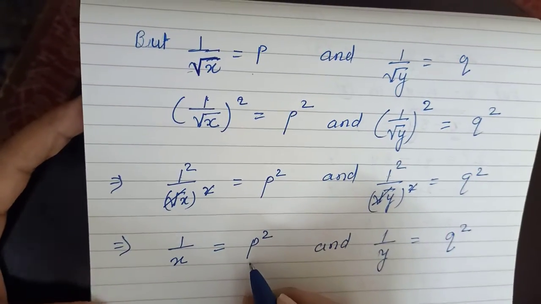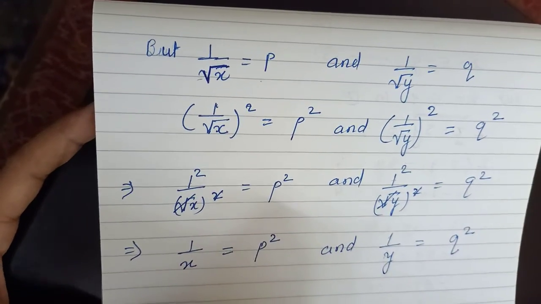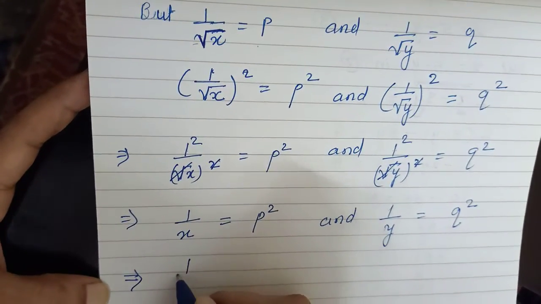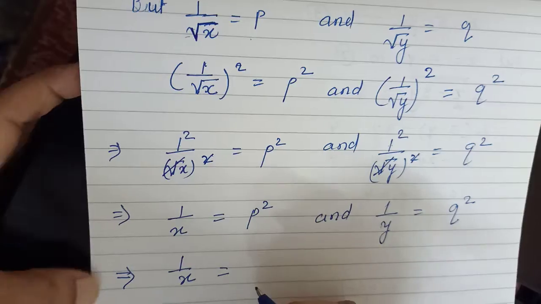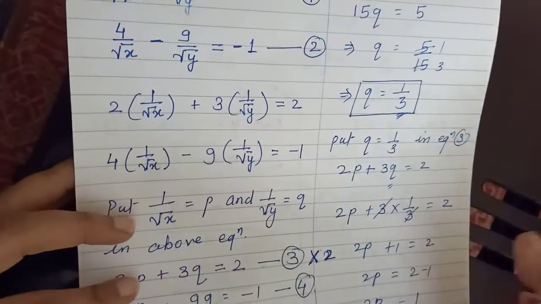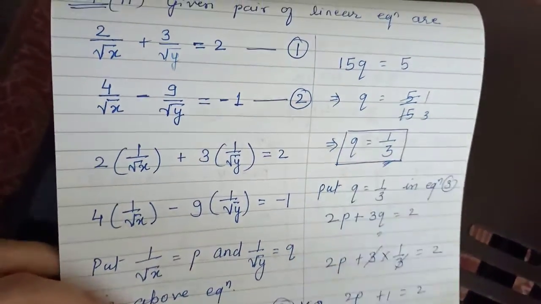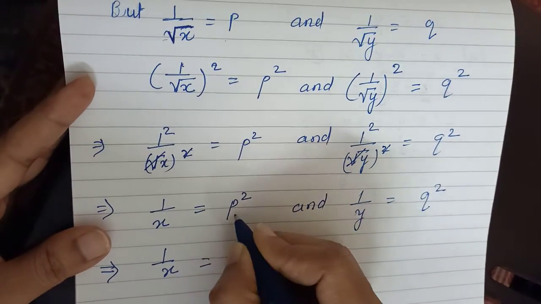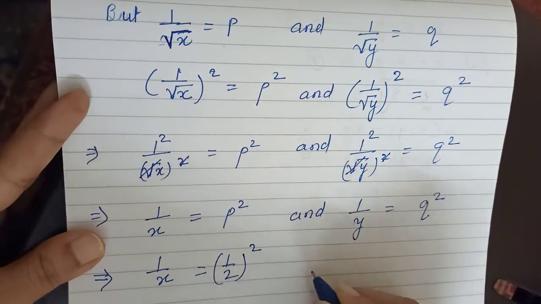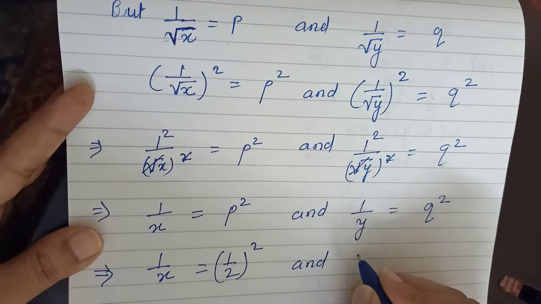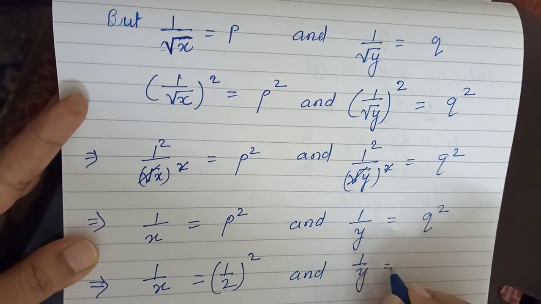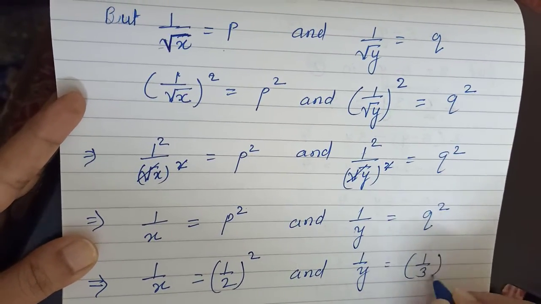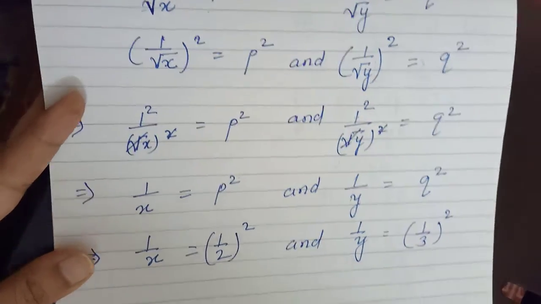Now we have the values of p and q, so we will put these values. This implies 1 upon x equals p square. We found the value of p is 1 upon 2 and q is 1 upon 3. So 1 upon x equals 1 upon 2 whole square, and 1 upon y equals 1 upon 3 whole square.